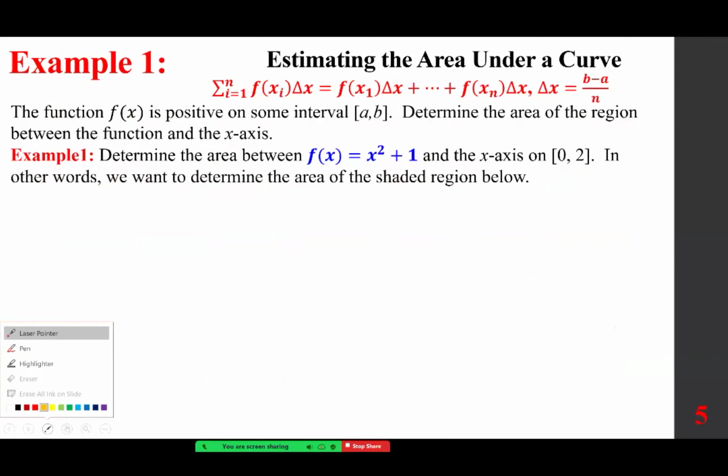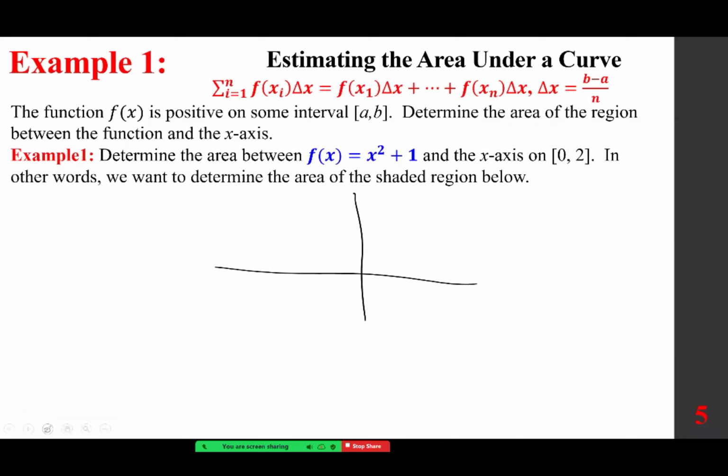If I were to graph this, the rough graph is something like this, and this is located at 0, 1. I want to go from 0 to 2. I want this area, okay?